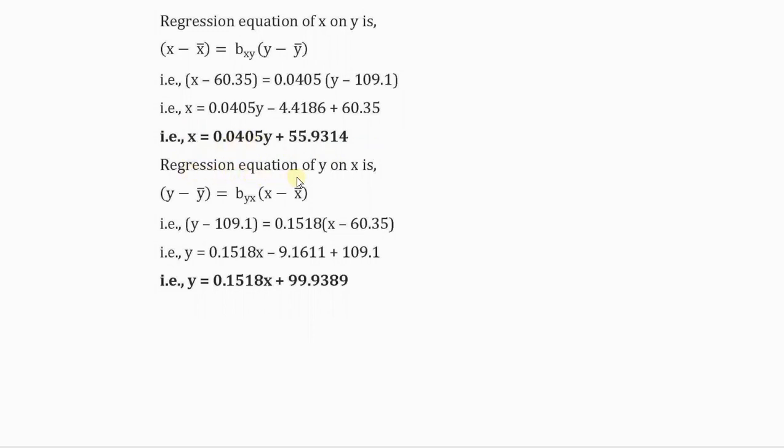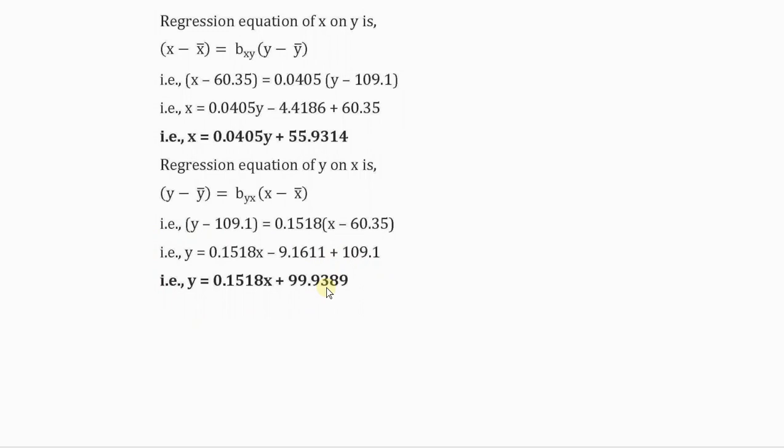Similarly, the regression equation of y on x is y minus y bar is equal to byx into x minus x bar. That is y minus 109.1 is equal to 0.1518 into x minus 60.35. Now solving this bracket and taking this 109.1 here, we will be having y is equal to 0.1518x minus 9.1611 plus 109.1.